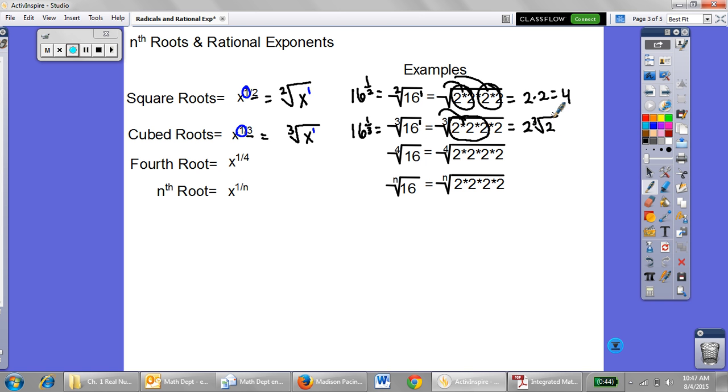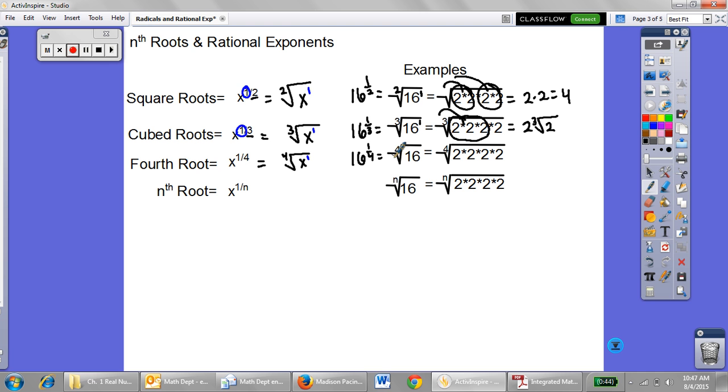Next, the fourth root. Looking at this example, we can write this as the fourth root of x, where there's a 4 here as the denominator of this exponent, and a 1 here as the numerator. So showing an example, we have 16 to the 1/4.